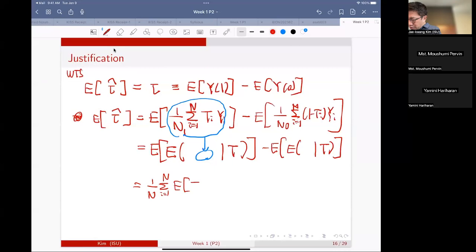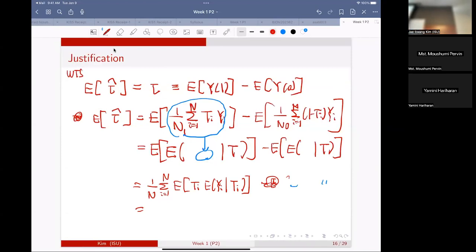Expectation over ti, expectation over ti given t, something like that. Same. So I only have space for two lines.